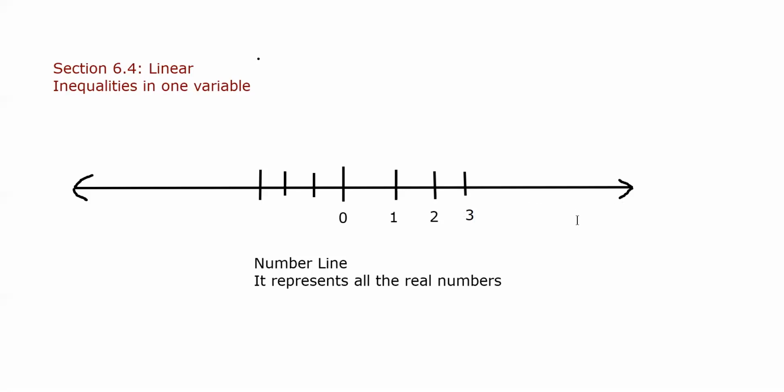And they keep going and going. You can go up to a trillion, a billion. On the left here, you might have -1, -2, -3, and then that keeps going and going and going downwards. That's the basics of a number line. You get the idea.